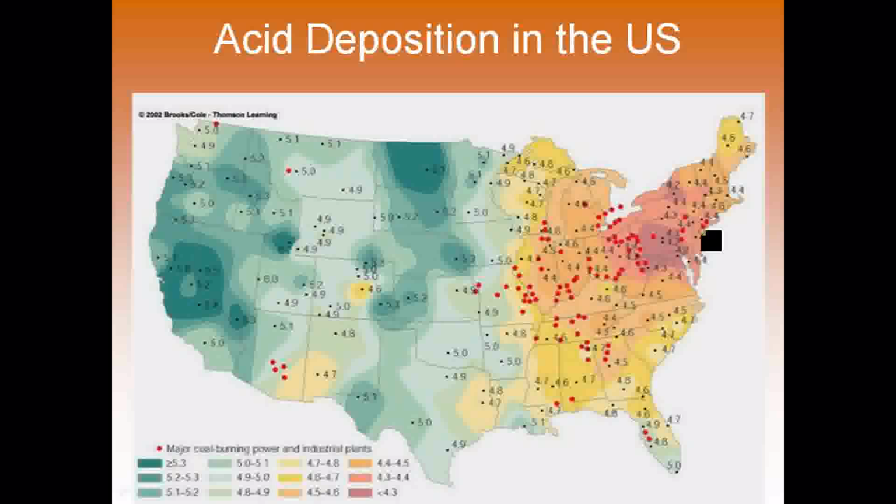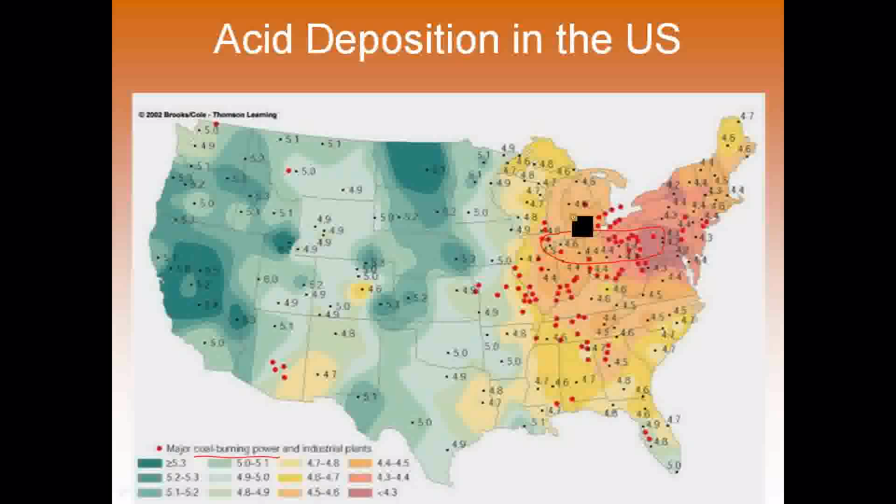Remember what I told you about that Rust Belt area, right in this area here. All of the factories, all of the power plants is a big-time thing. You can see the red dots are telling you the major coal burning power plants.